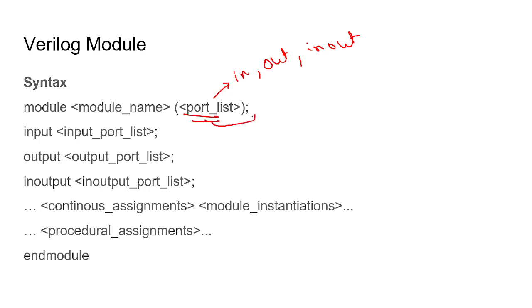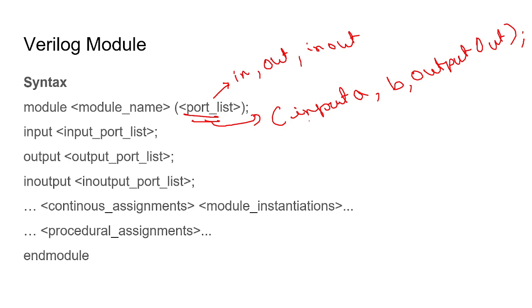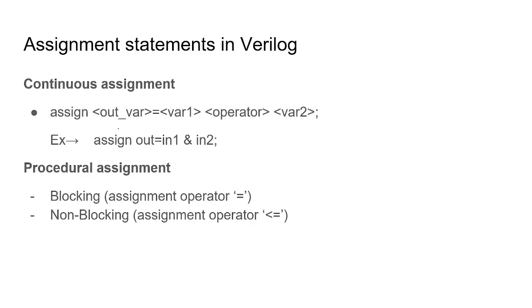Here itself you can define input A, B, output out, or you can define A, B, out here and then separately define which are input ports, which are output ports and which are inouts. Then you will have the continuous assignments, any module instantiations you want, then procedural assignments and the endmodule. This is the basic syntax of the module in Verilog.